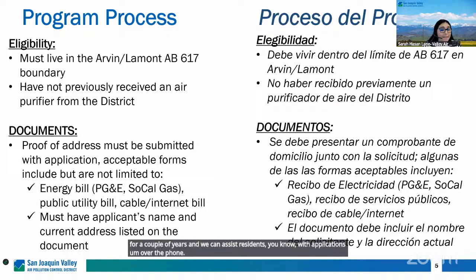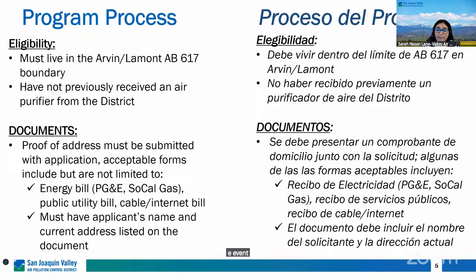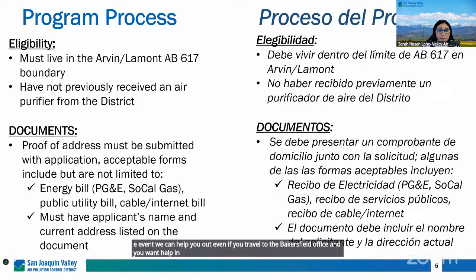If you see us at an event, we can help you out. Even if you travel to the Bakersfield office and you want help in person, our team is here to help you apply, whether it be online through the portal, over the phone, in person, whichever avenue works best for you all. We can help you apply so we can get you an air purifier device.